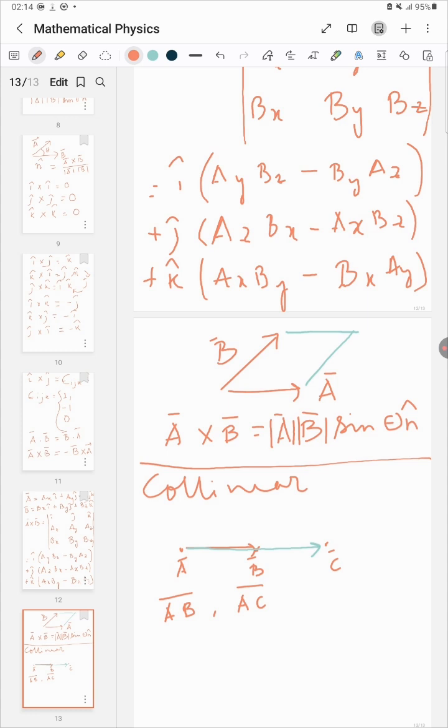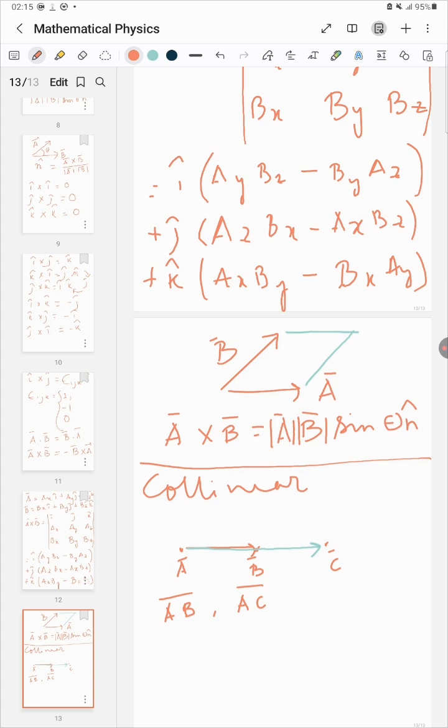Mathematically it says that if the angle between them is 0, then the 2 vectors will be collinear. Why 0? Because A cross B is modulus of A vector, modulus of B vector, sine theta n cap, where theta is the angle between A vector and B vector. If the angle between them is 0, sine 0 is 0, so the cross product turns into 0.